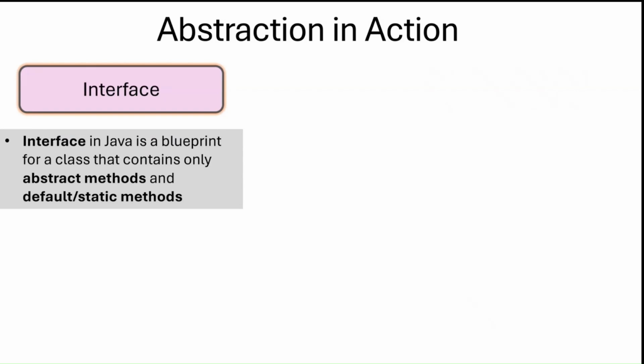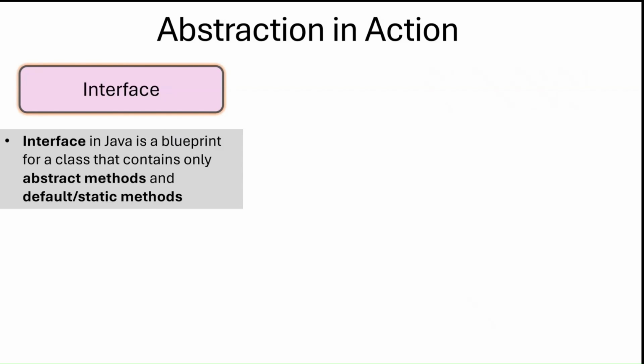Another way to achieve abstraction in Java is the interface. In a previous video related to inheritance, we understood what an interface is, but let's quickly recap. An interface in Java is a blueprint or a template for a class that contains only abstract methods and default or static methods.